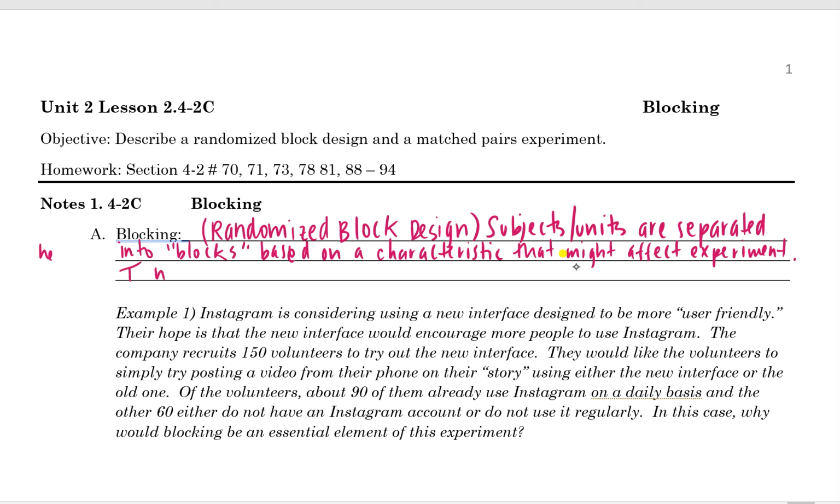So then treatment is randomly assigned within each block.